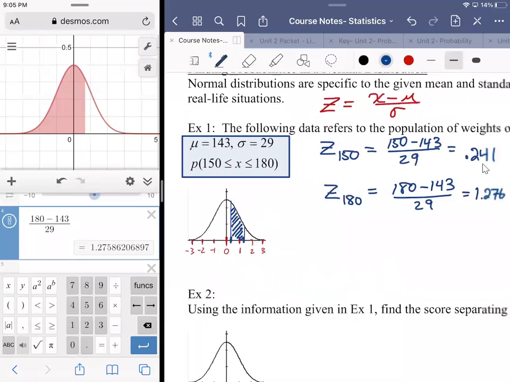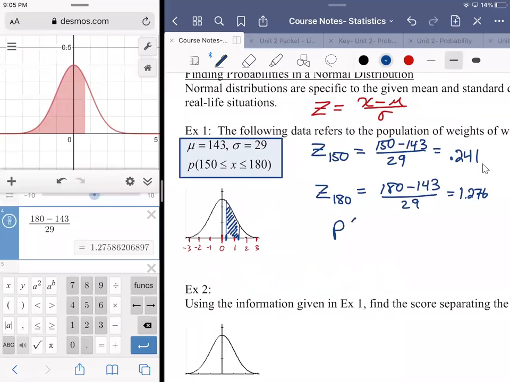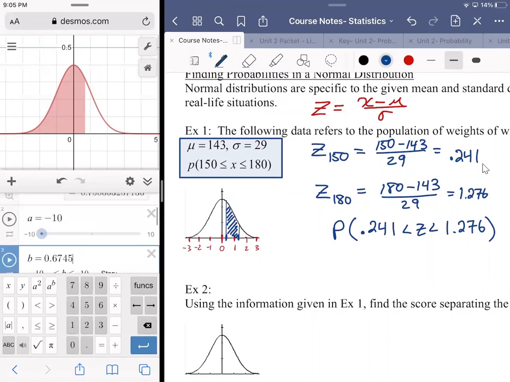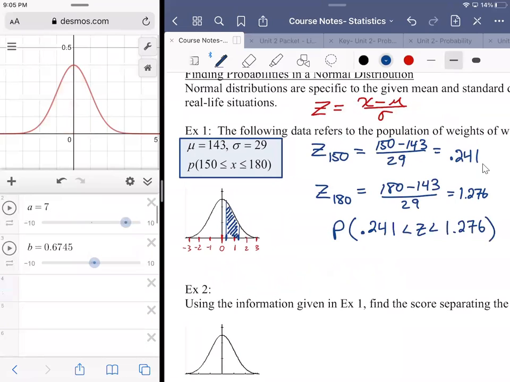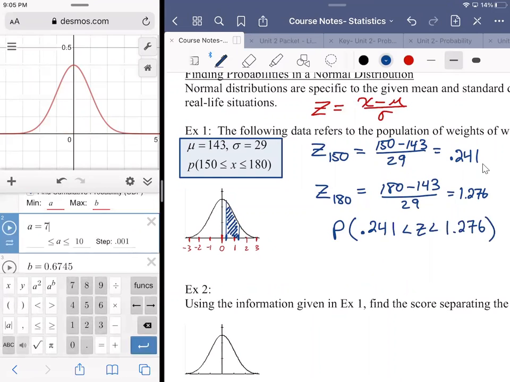And so what we're looking for is the probability that Z is going to be between 0.241 and 1.276. So we just slide our sliders or type it in because these are 3 significant digits.